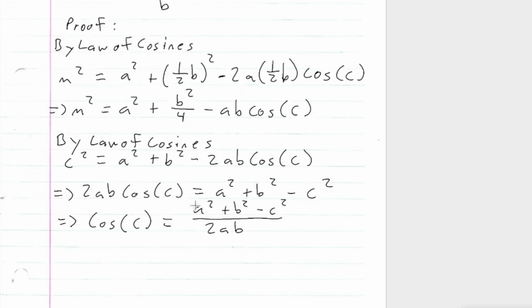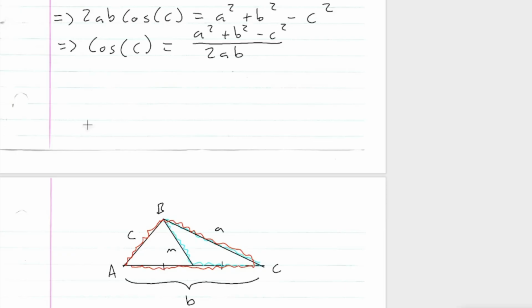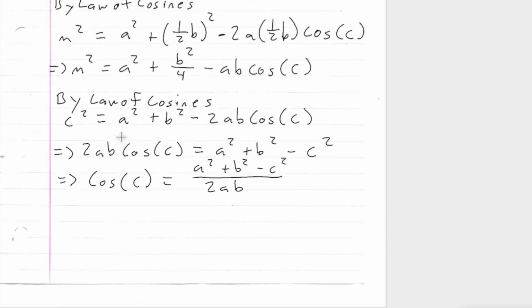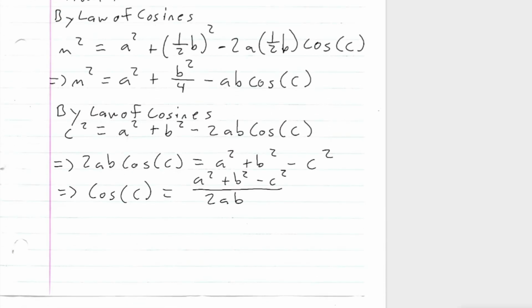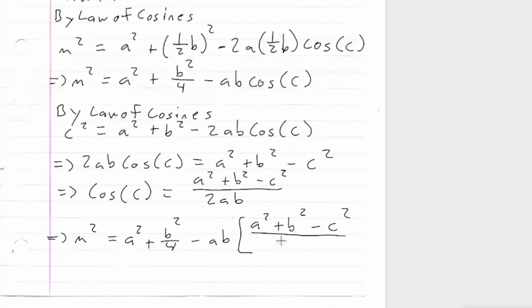So that's what cosine is. This, of course, implies that m squared is equal to a squared plus b squared over 4 minus ab, and then times a squared plus b squared minus c squared all over 2ab.